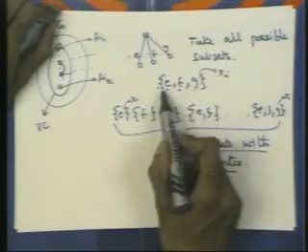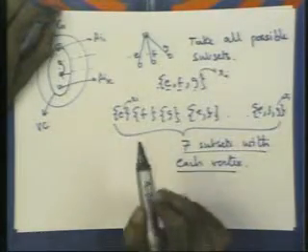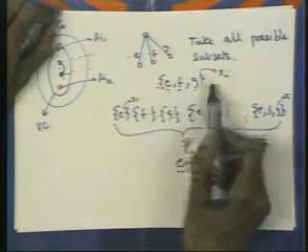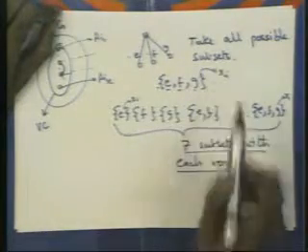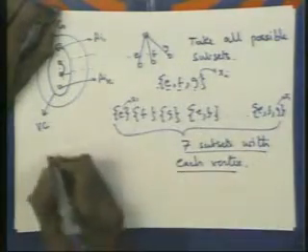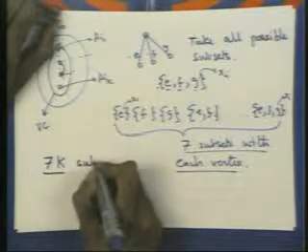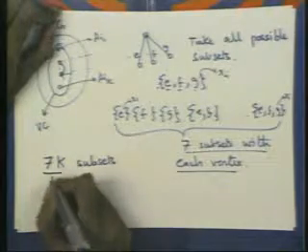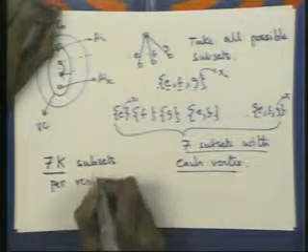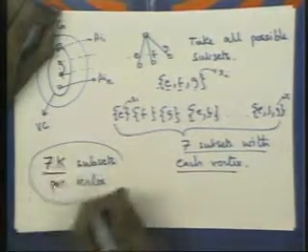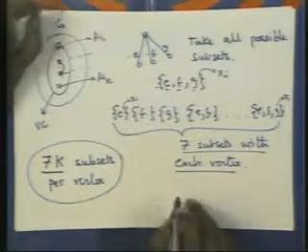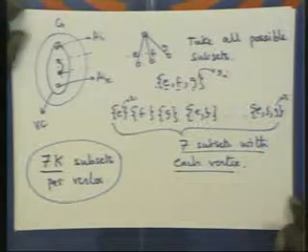With each vertex, I had k such sets, one for x1, one for x2, and so on. Now I have 7k subsets per vertex.